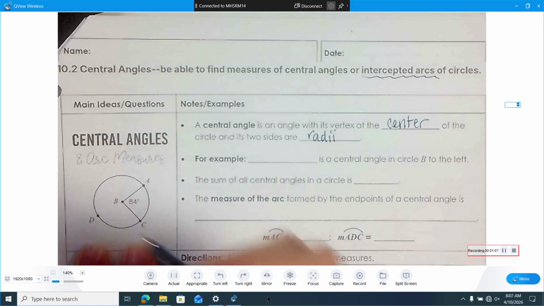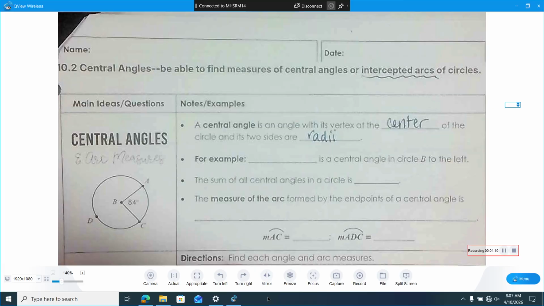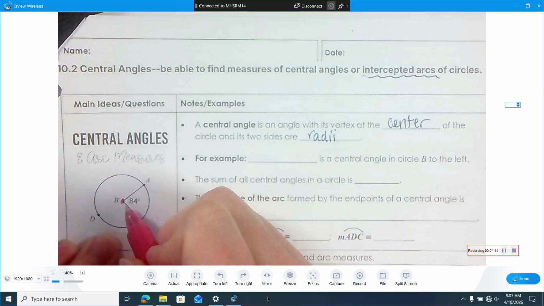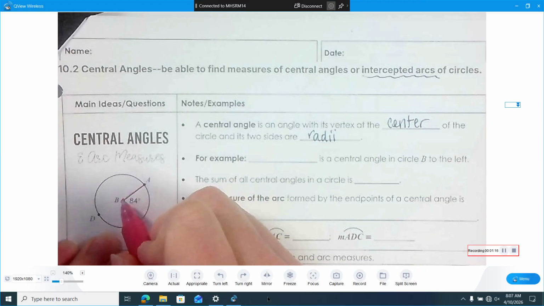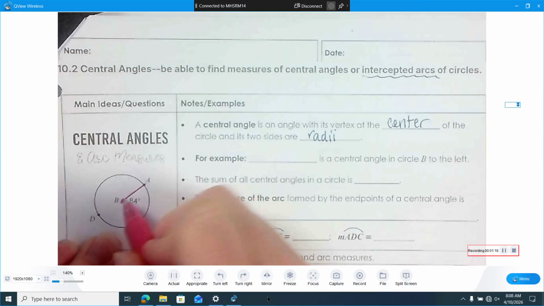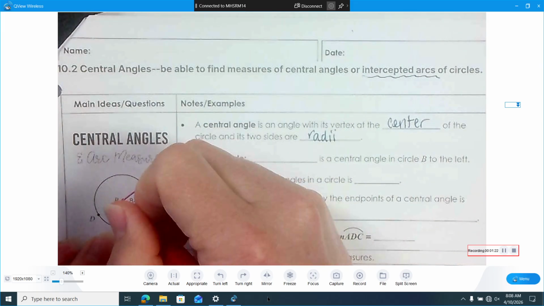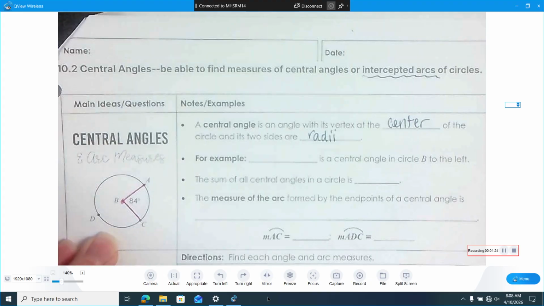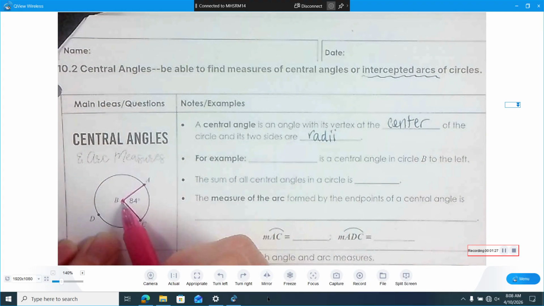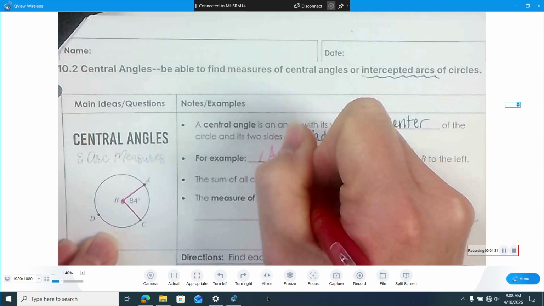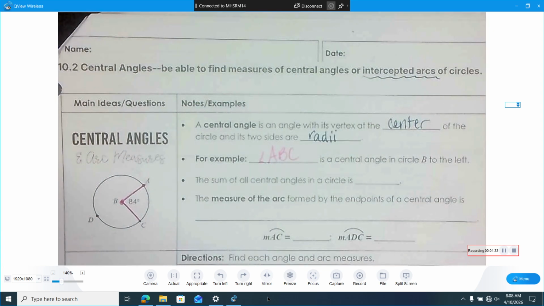So in this picture, here's the center of circle B, and I have this angle created from a radius, because it goes from the center to the edge of the circle, and then another radius from the center to the edge of the circle. And so right here, angle ABC is a central angle within circle B.